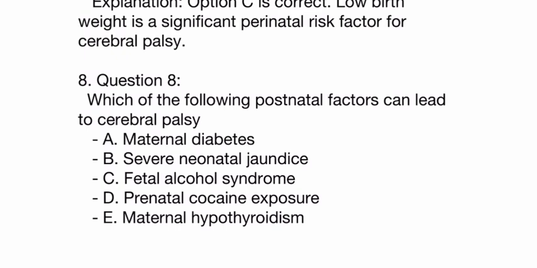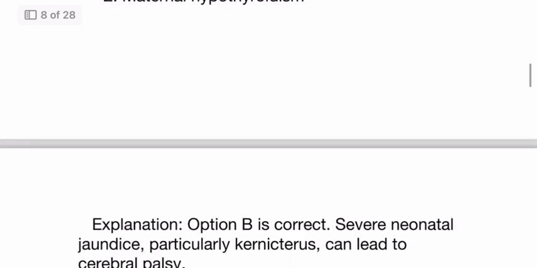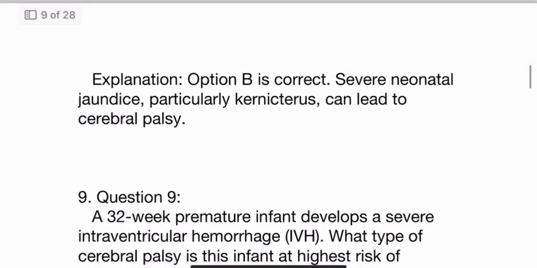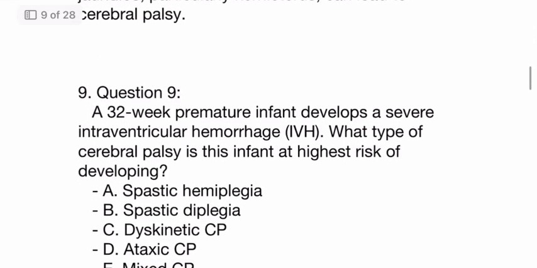When you look at these options, all of these are postnatal, but which one has an increased association with CP? Here it's severe neonatal jaundice. Severe neonatal jaundice, particularly kernicterus, is the one that will cause CP.